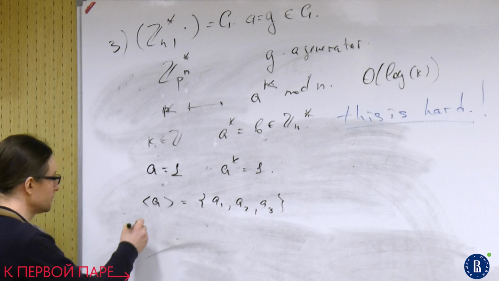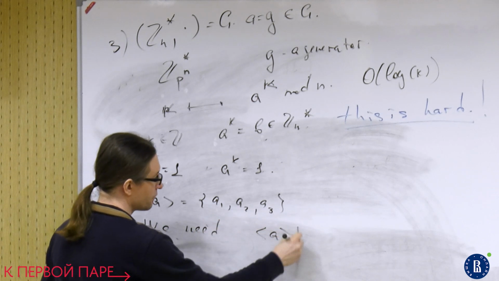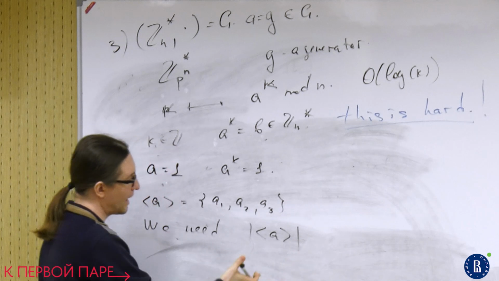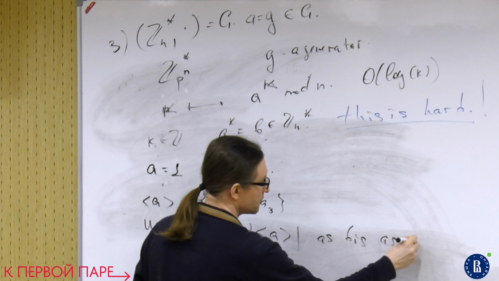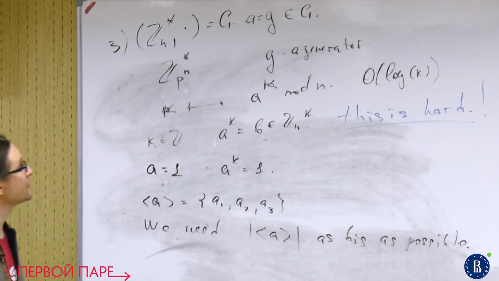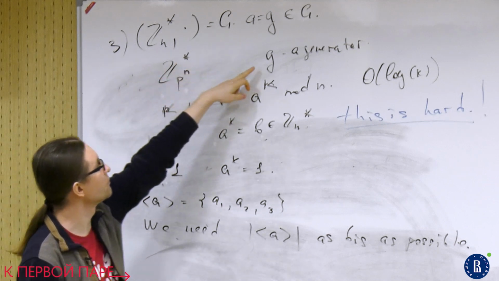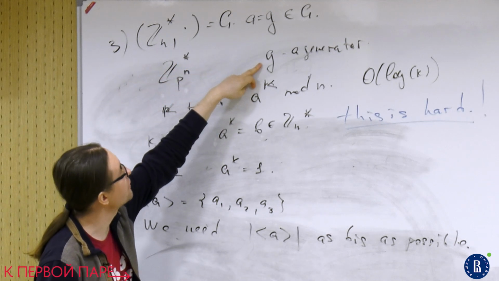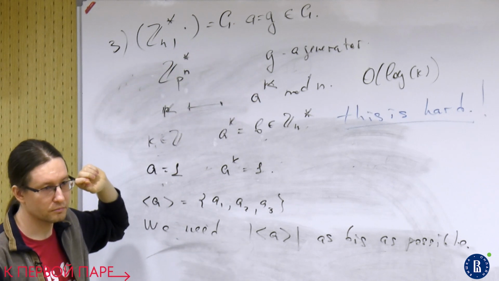So what we need is the size of the cyclic group to be as big as possible. That's why usually people try to take this element G as a generator of the group you are given.